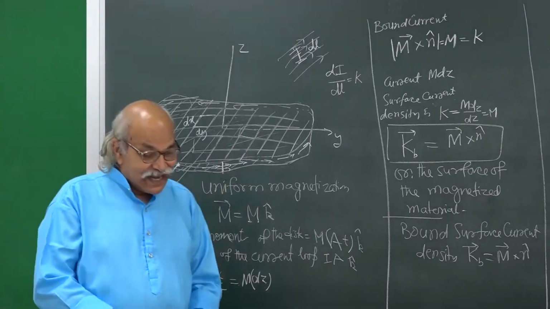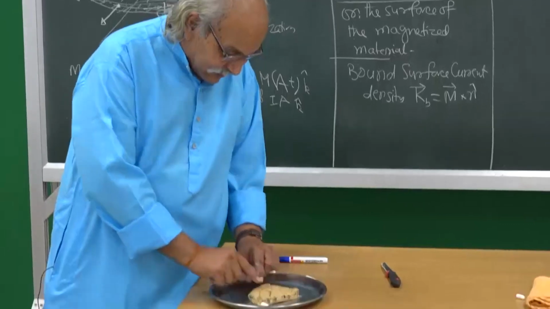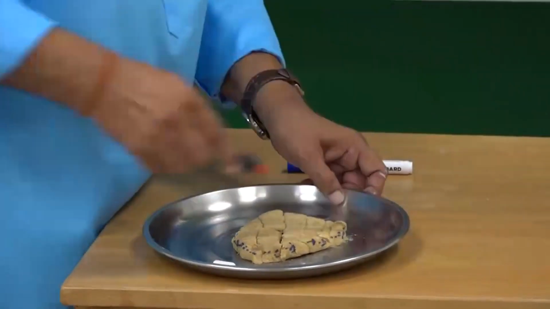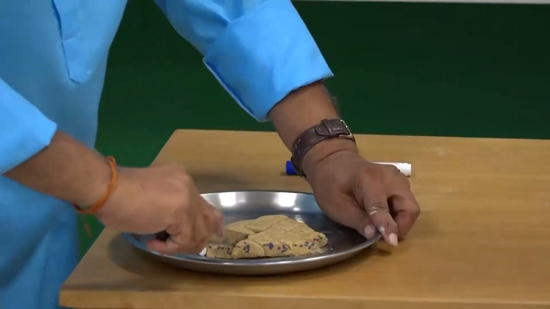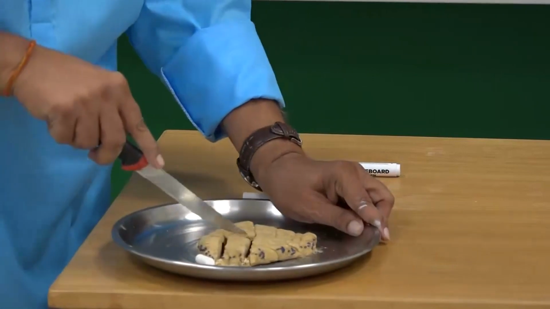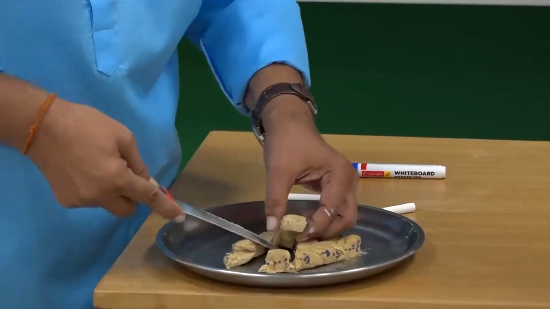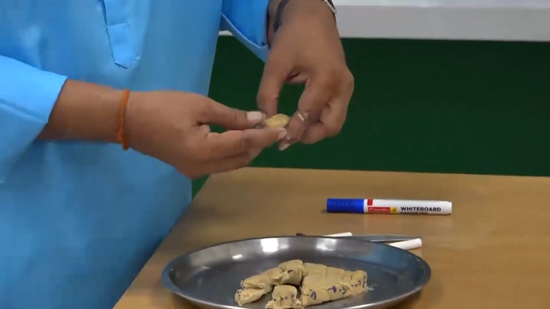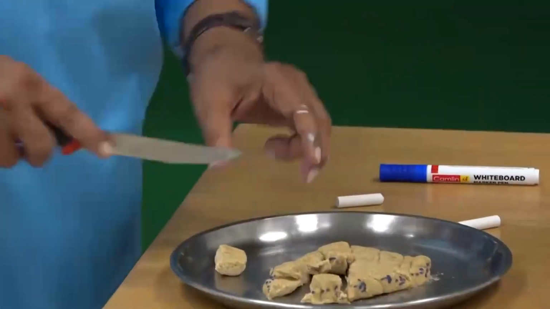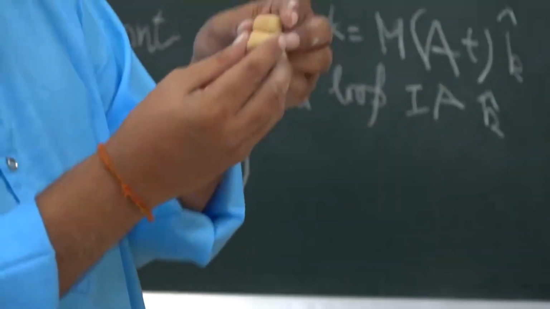If I take two adjacent pieces from here, let me separate them a little, and take two of them instead of one. These are the two adjacent ones.